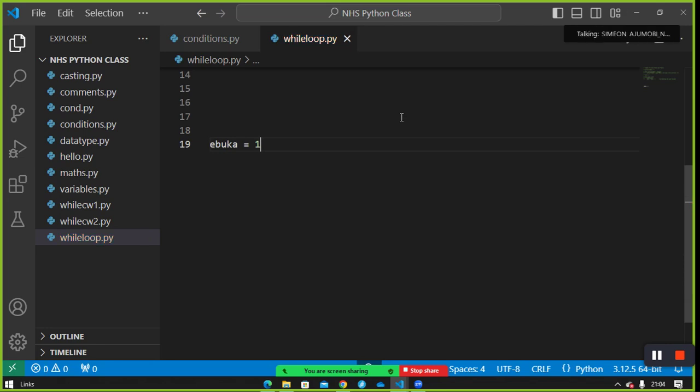Ebuka equals 1. So give the while statement. While Ebuka is less than or equal to 100, which is true. Ebuka is lesser, not even equal to 100. What should happen? We should print Ebuka.